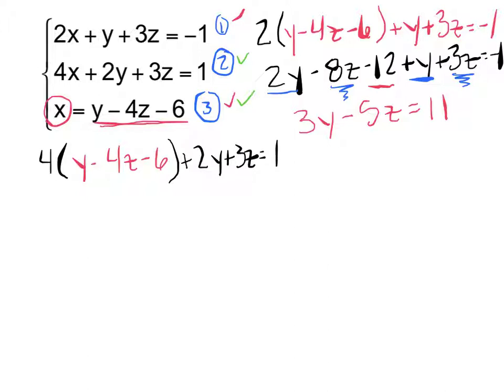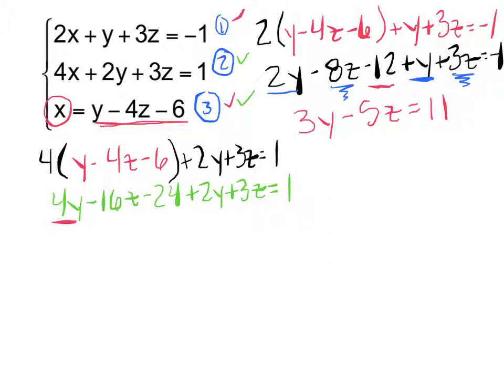Now we can distribute. We'll end up with 4y minus 16z minus 24 plus 2y plus 3z equals 1. Just like I did before, I'm going to combine like terms, and I'm going to move the number to the other side.